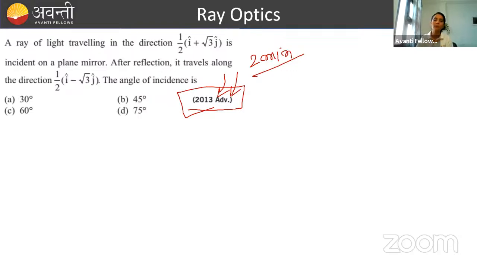And initially in physics, we all need to try. And then only we all end up solving questions.